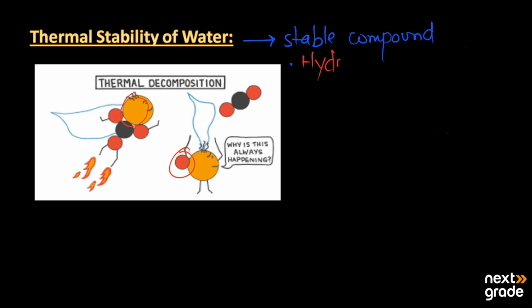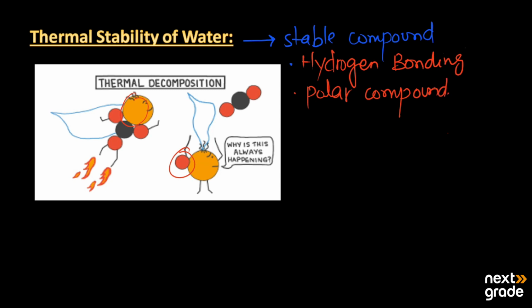Water molecules contain hydrogen bonding, and that bonding is strong, and it also makes water a polar compound.